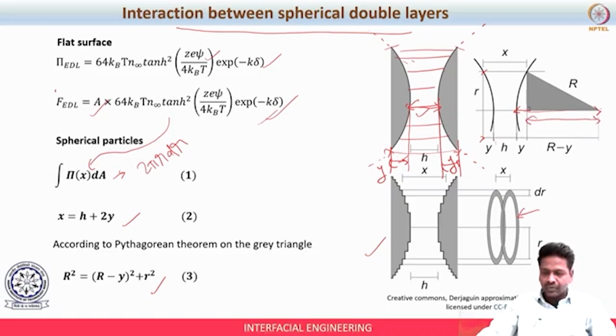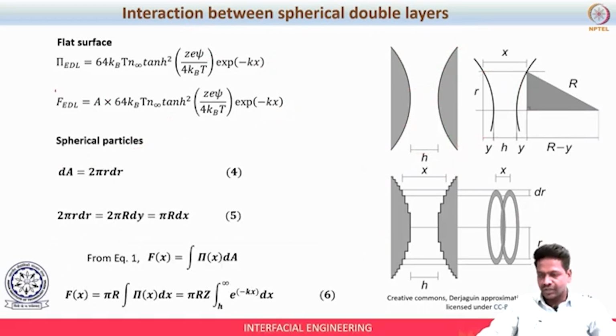So R minus y square plus r square is your R square. So you can use the Pythagorean theorem on this triangle, and you can simply get this relation. We will see why this is useful for us.